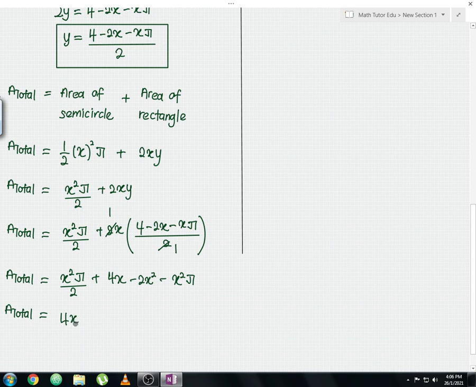4x minus 2x squared. This x squared pi over 2 and negative x squared pi, you can combine them, it will become negative x squared pi over 2. You can write your answer in this way, or you can write in this way as well.